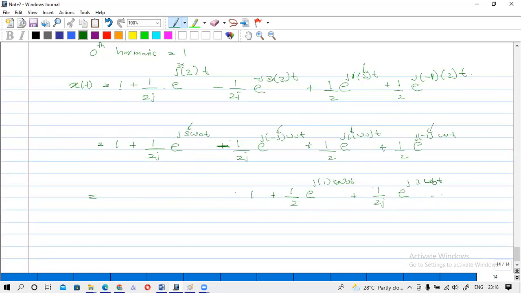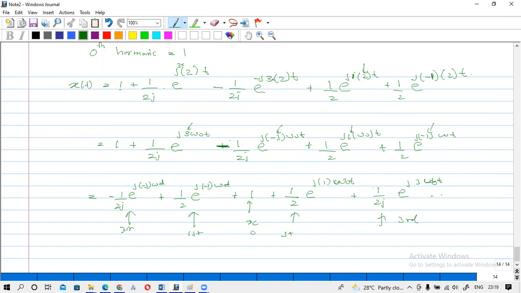Here I can write the term half e to the power j minus 1 omega naught t, plus minus 1 by 2j e to the power j minus 3 omega naught t. This is the DC component, this is the zeroth harmonic, this is the first harmonic, and this is the third harmonic.